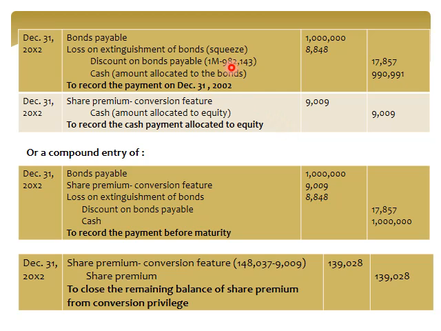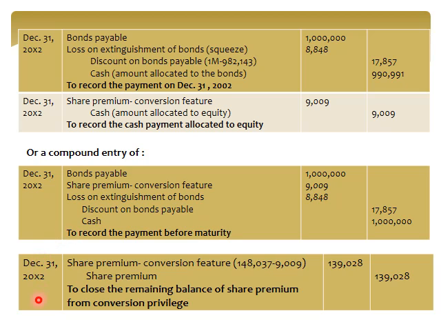So, the total cash paid to the bondholders is 1 million. Allocated to the bonds, 990,991. Allocated to equity, 9,009. Or a compound entry of bonds payable debit 1 million, share premium conversion privilege 9,009, loss on extinguishment of bonds 8,848, credit discount on bonds payable 17,857, and credit 1 million cash.